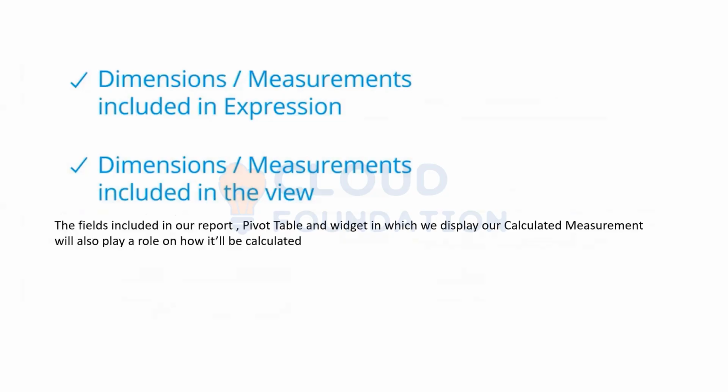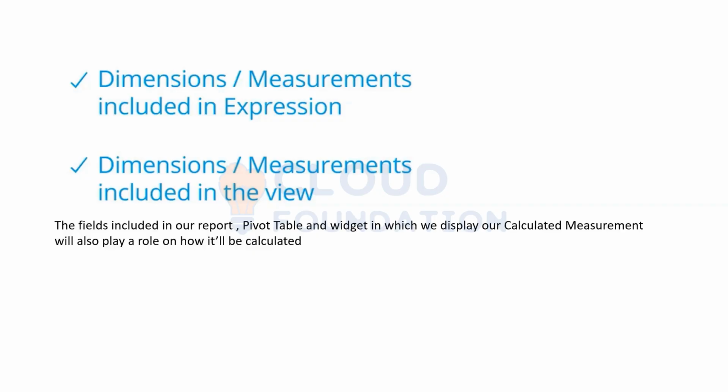Our native dimensions and measurements are media, campaigns, site, creatives, anything like a product. These are some of the things which are native, coming from the raw data itself.